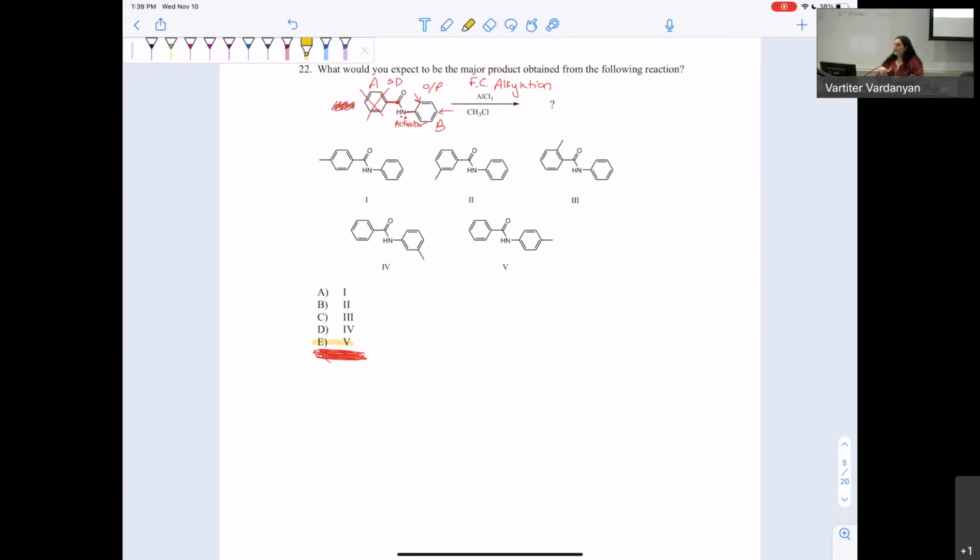Para would be more favorable because of less steric hindrance, but both could happen in theory. Good question. You could also look at this and be like, okay, well, A, B, C all suck because they're on ring A, and then you're really only between D and E, and then the best answer here is para because this one is meta, so it sucks.